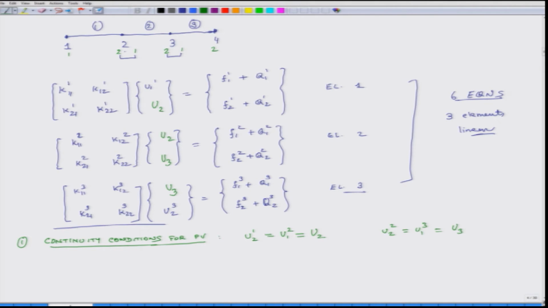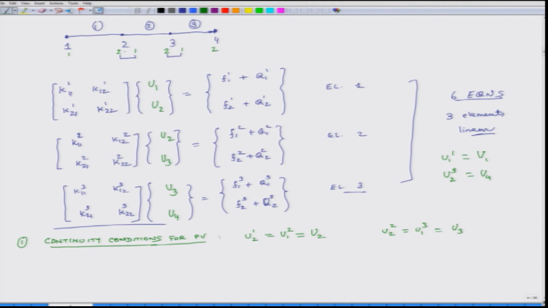And then of course, I realize that U1 of the first element is same as U1 and U2 of the third element is same as U4, agreed. So, I replace this by U1 and I replace U2 of the third element by U4.